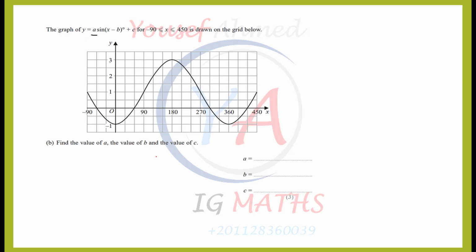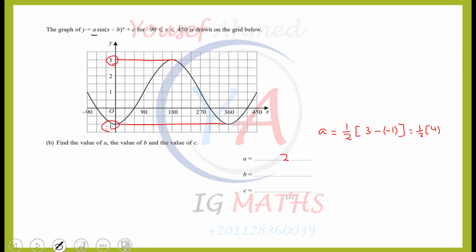You need to check the highest value or the maximum value, which is 3, and the minimum value, which is negative 1. Using the formula, a is equal to half times the maximum value minus the minimum value, so we have 3 minus negative 1, which is half multiplied by 4, so it's now 2.